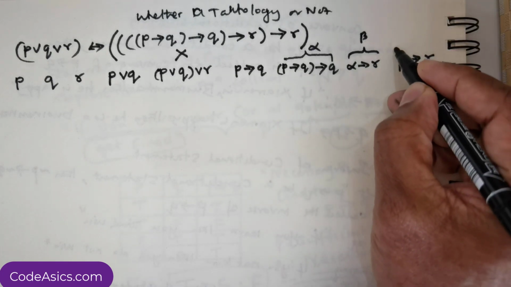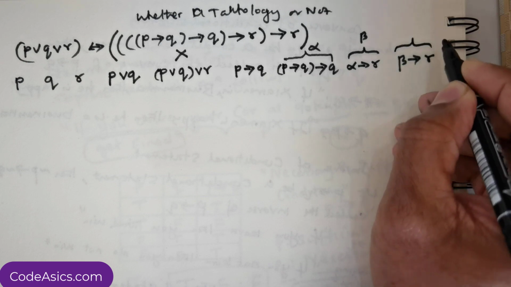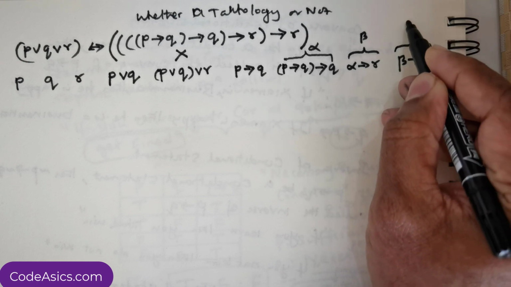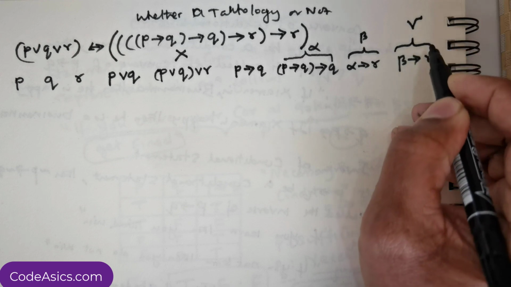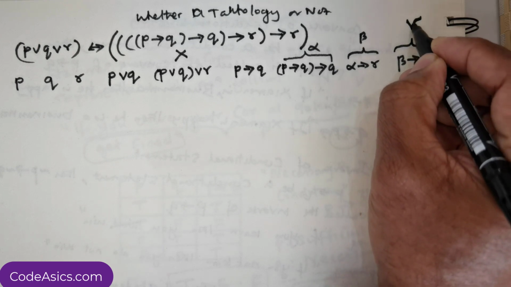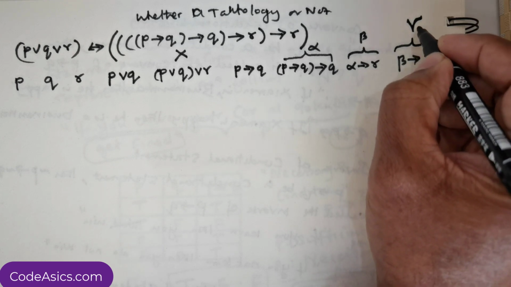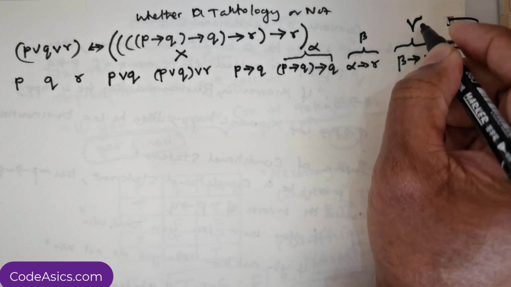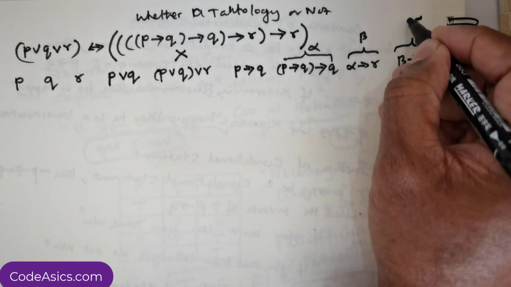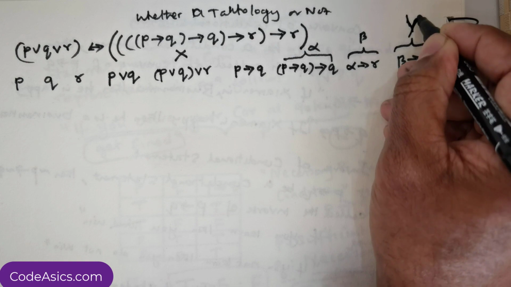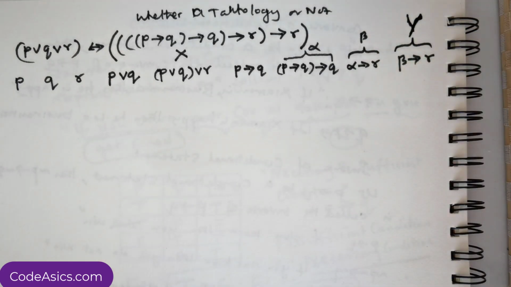Probably I will take this as gamma, something like that, or if the symbol capital Y, I think, is a better one. I'll take this as capital Y.